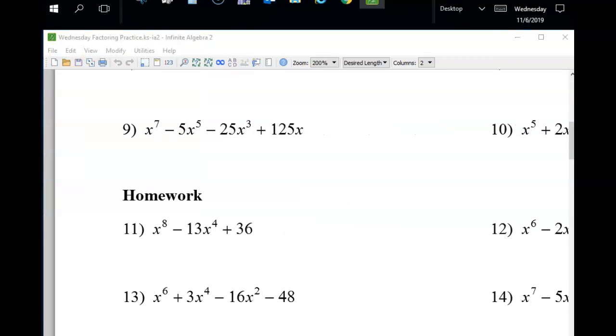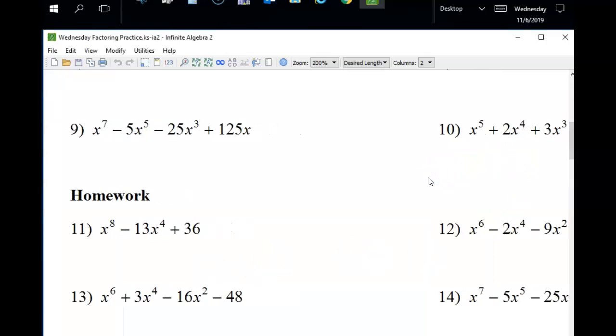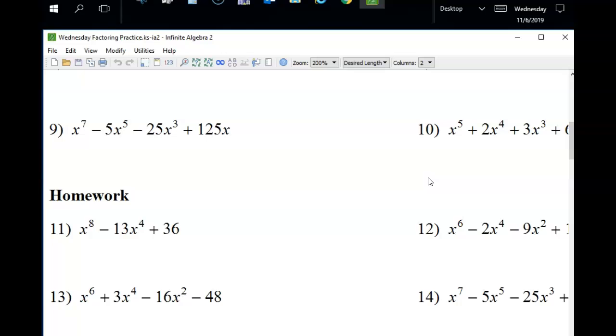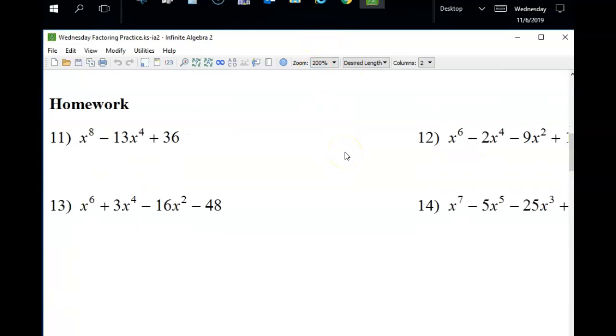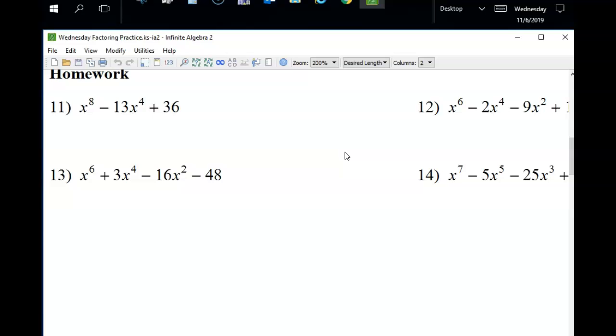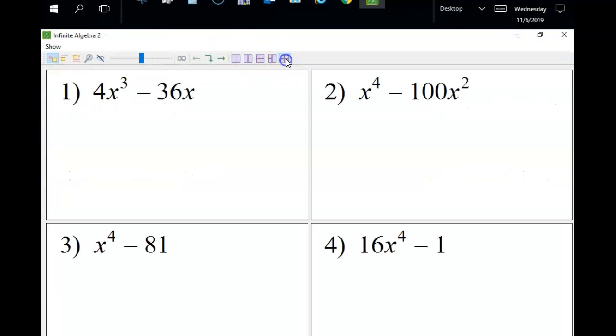I wonder if I can change the view a little bit.